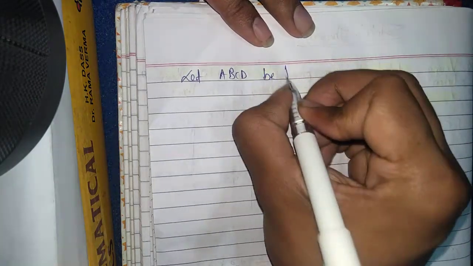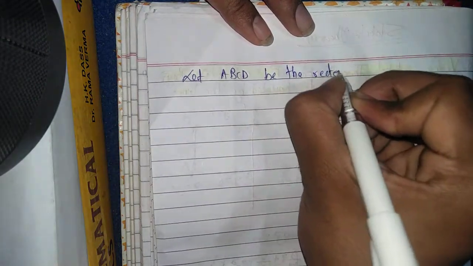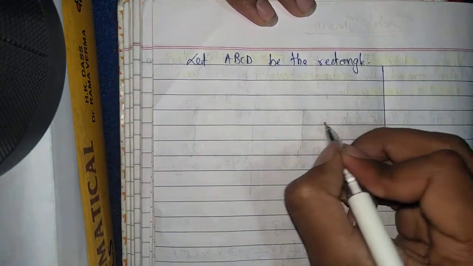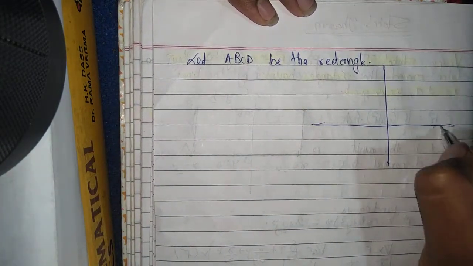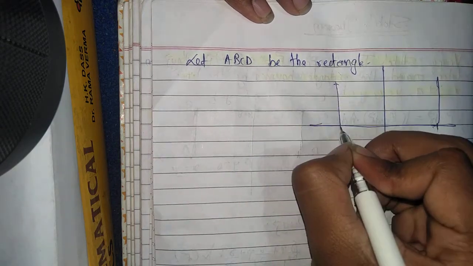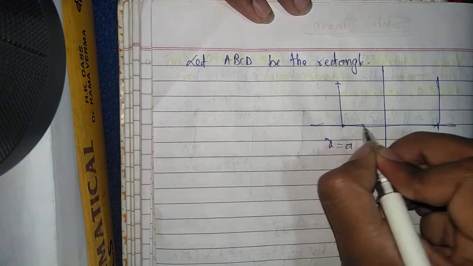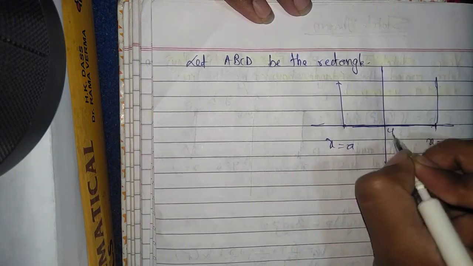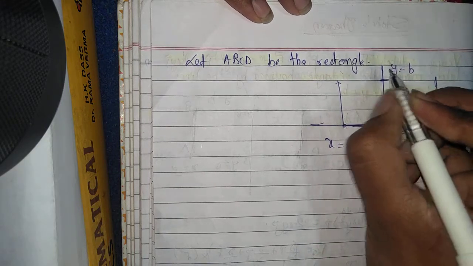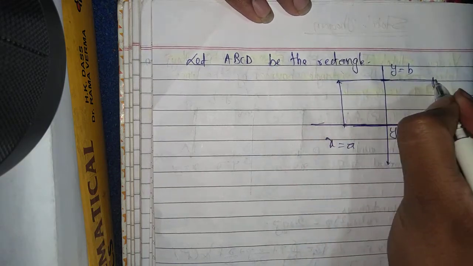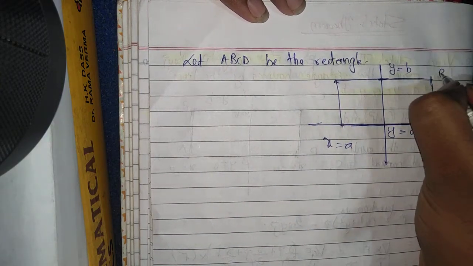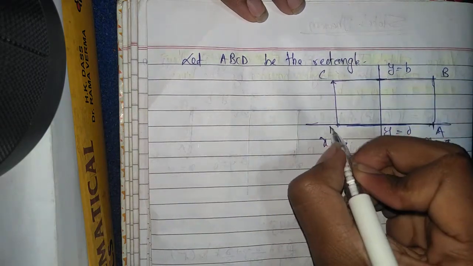Now let me draw it. The line x equals a is here, and the line x equals minus a is this, and it is bounded by the line y equals 0, and the line y equals b is given by this. Let the points be A, B, C, D and O.